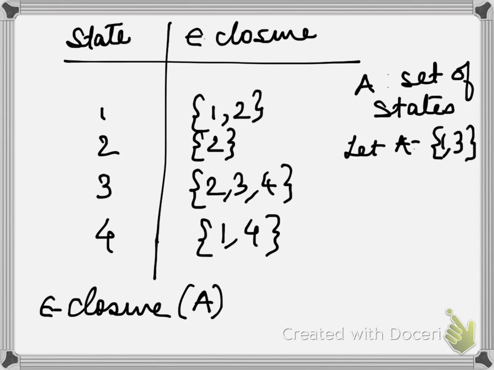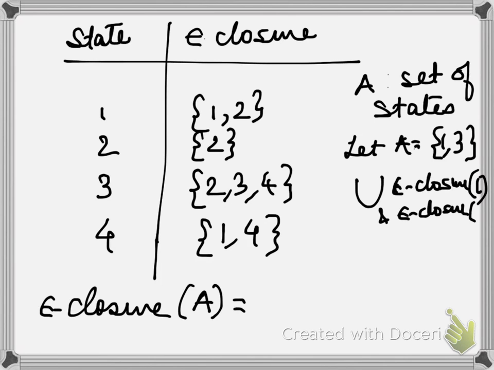Then the epsilon closure of A would be the union of the epsilon closure of 1 and the epsilon closure of 3.